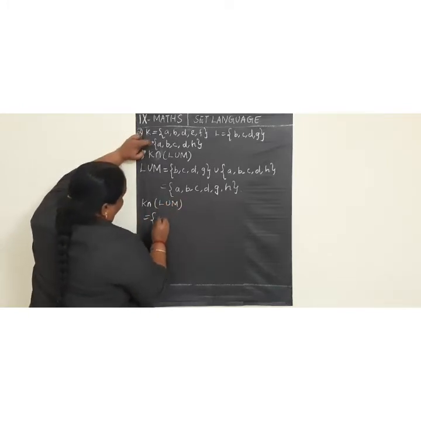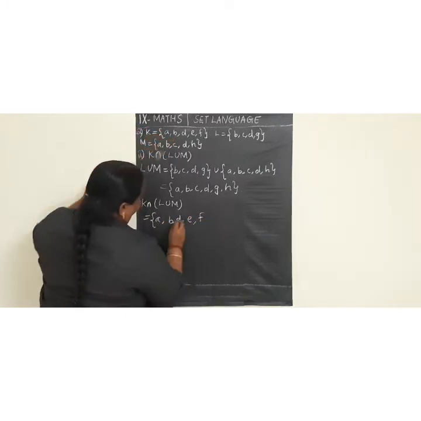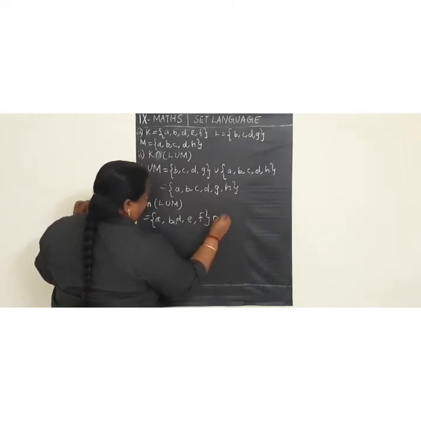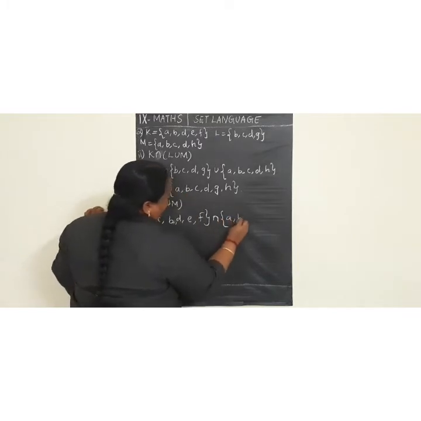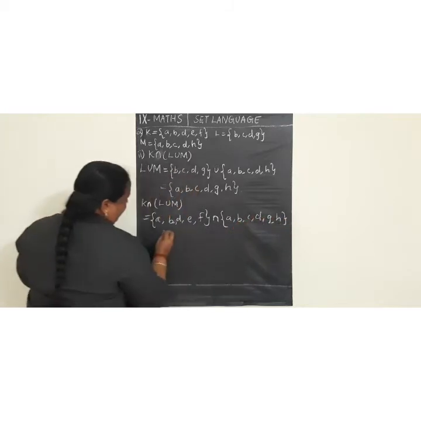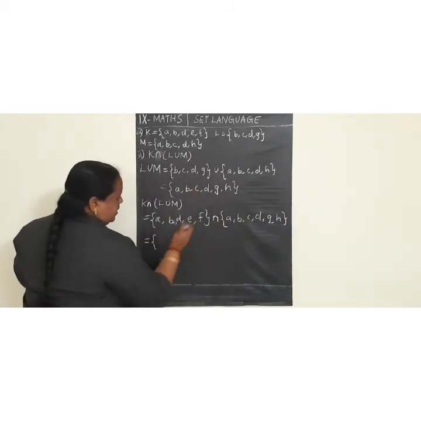Next we have to find K intersection (L union M) is equal to, first we have to write that set {A, B, D, E, F} intersection (L union M). L union M is {A, B, C, D, G, H}. So intersection, now we have to write only the common elements. What are all the common elements?